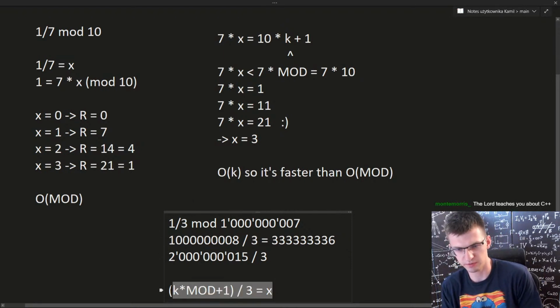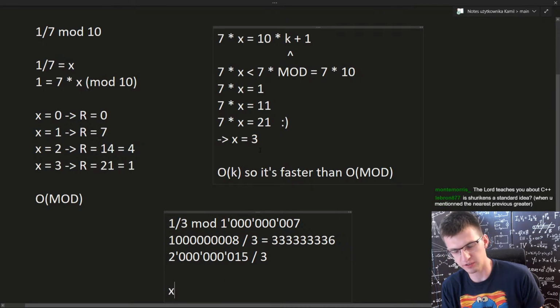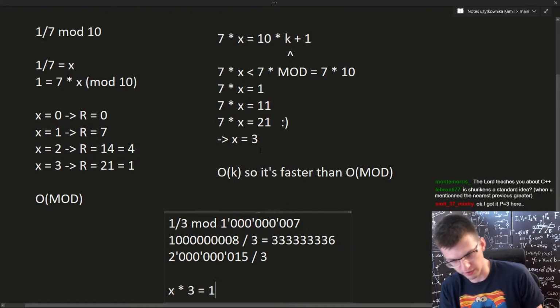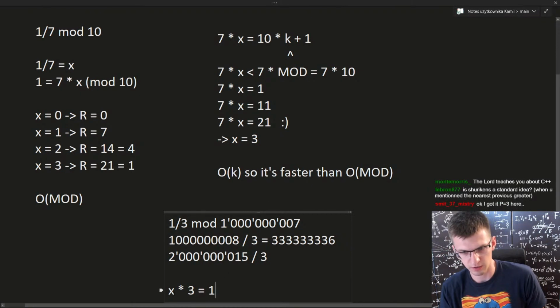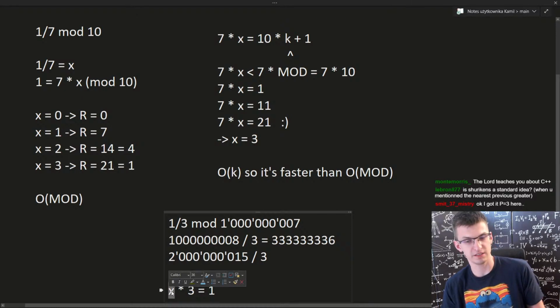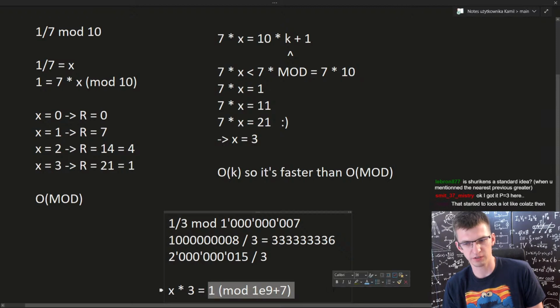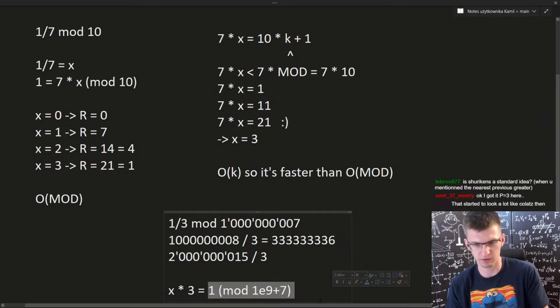Or maybe this way. If x is the inverse of 3, then by definition multiplied by 3 it is equal to 1 modulo 1,000,000,007. And it cannot be just 1/3, because this is non-integer. So there is some integer x being the inverse of 3. Multiplied by 3, it will give you 1 modulo 1,000,000,007. So it will be either 1,000,000,008 or 2,000,000,015.